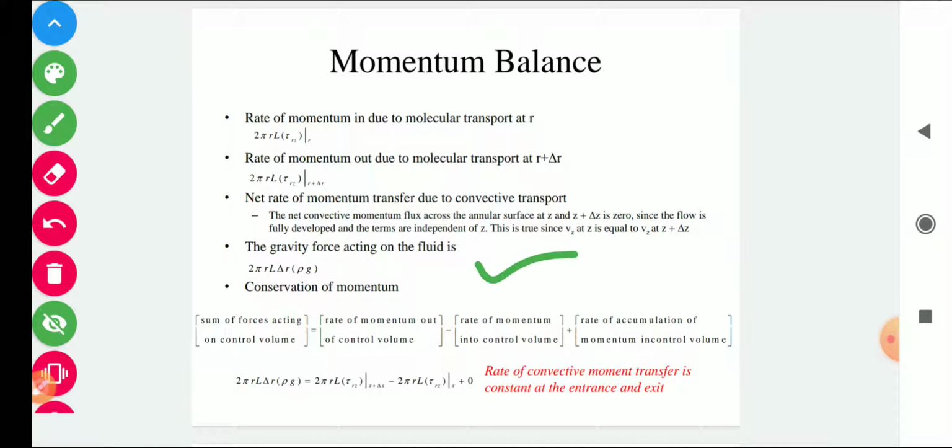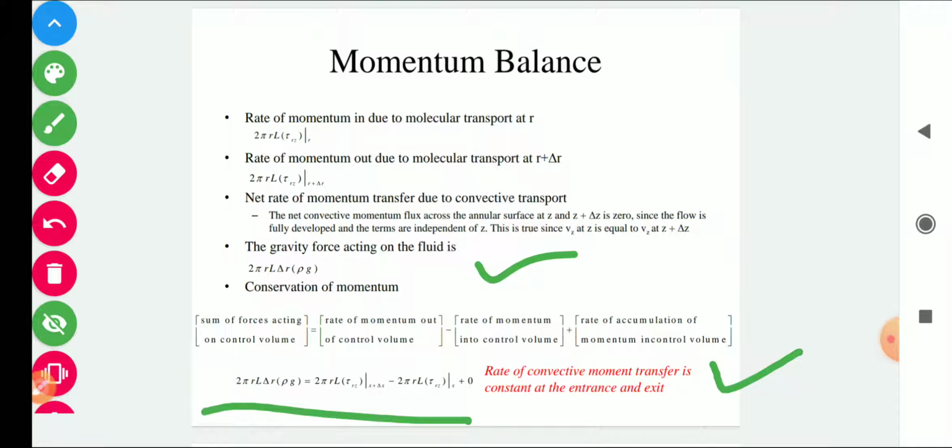Now if we put all these values in the conservation of momentum balance equation, we finally get this equation. The convective momentum transfer is 0, so we are left with only 3 quantities. The rate of convective momentum transfer is constant at the entrance and exit, so the net momentum transfer is 0.